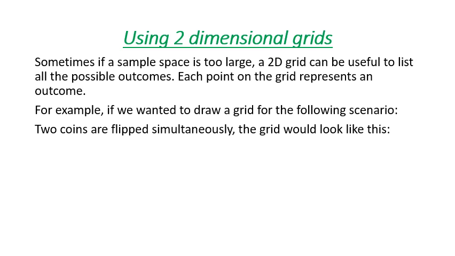Now, a 2D grid looks like this, where you have one outcome on the y-axis and one outcome on the x-axis, and in the middle are all the possible options.